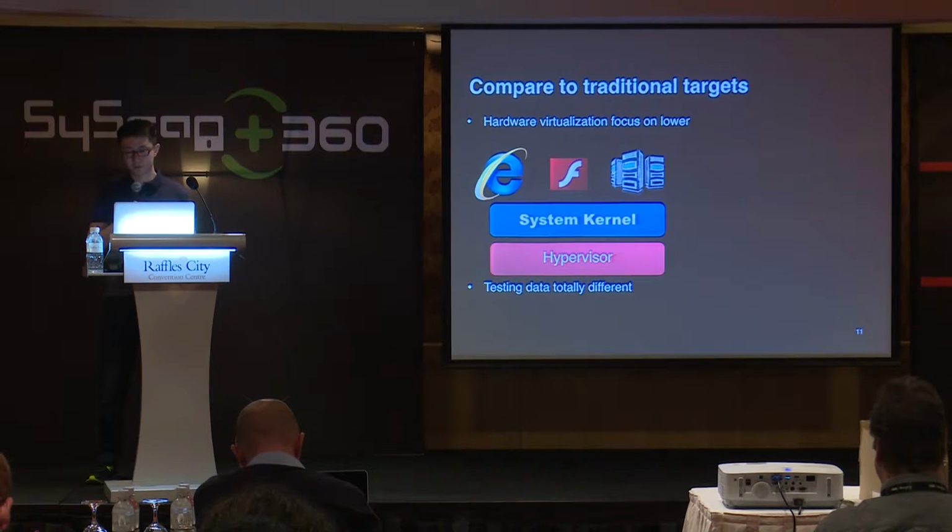Before proceeding further, let me walk through the differences between vulnerabilities discovered in hardware components and the traditional targets. Let me make a comparison to explain it. The normal vulnerability discovery aims at user level software such as IE, Flash, and Nginx, or driver components in kernel space.